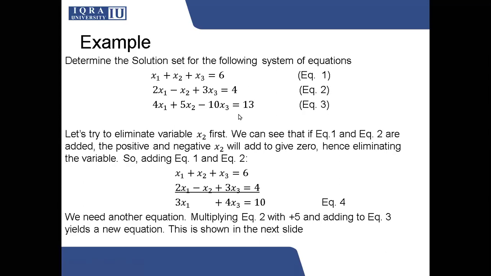If I multiply this by plus 5, this will become minus 5x2, which will add with plus 5x2 to give me 0x2. It's important to notice here that we have to eliminate x2 for this. We can't just eliminate x3. In the first step, we decided we could eliminate any variable, but since we decided to eliminate x2 over here, we'll have to continue to eliminate x2 in the next step.